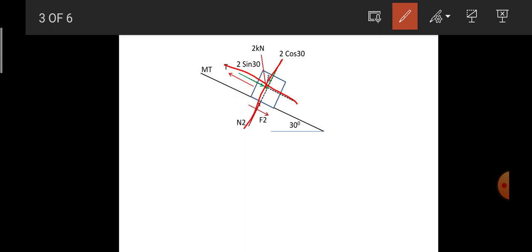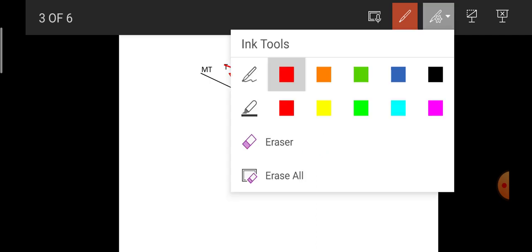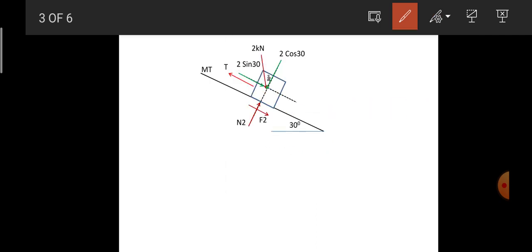Since it is on the inclined surface with an inclination of 30 degree, the 2 kilonewton will be inclined at the same angle of 30 degree with reference to the vertical.